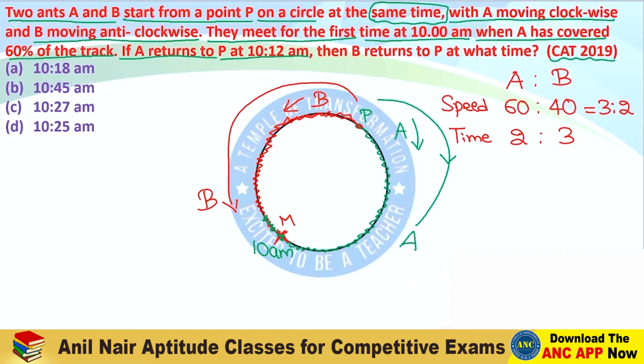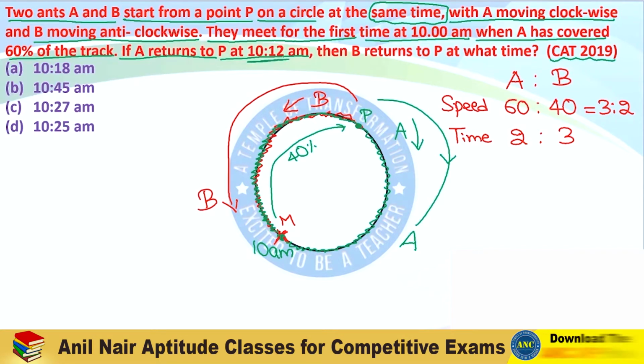It will continue to travel in the clockwise direction itself and cover the remaining 40%. The meeting point is at 10 o'clock, and it will once again reach point P at 10:12 a.m.